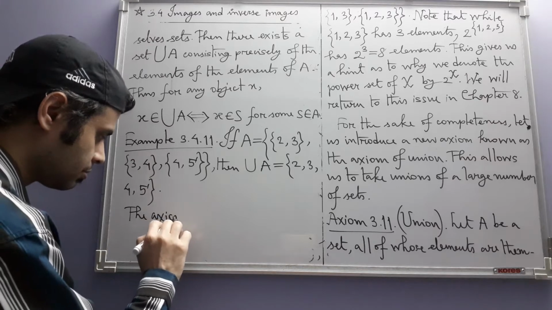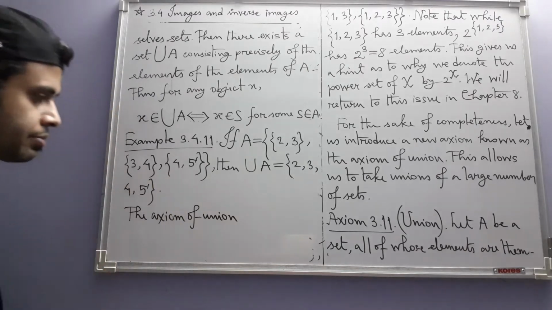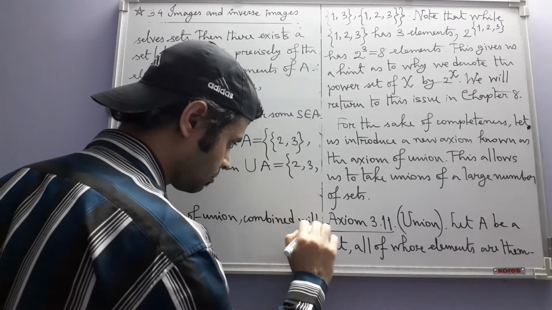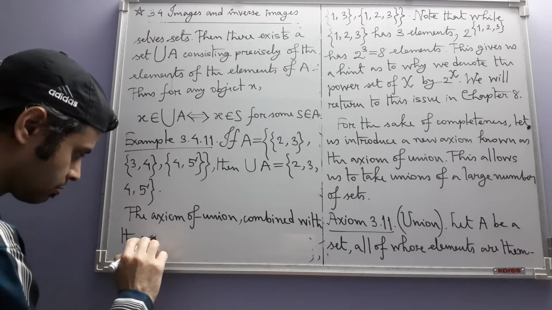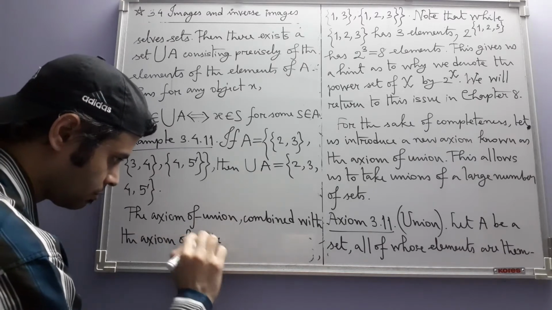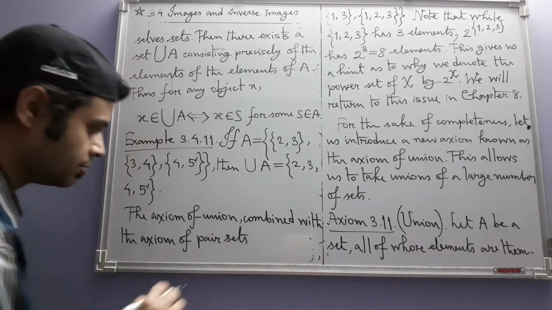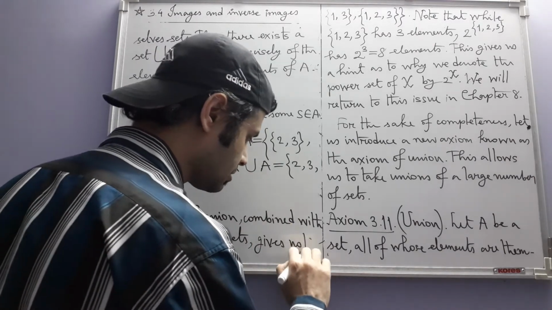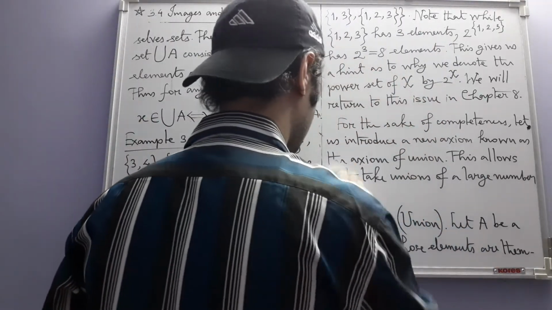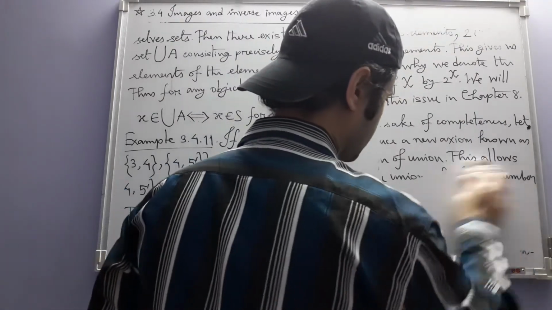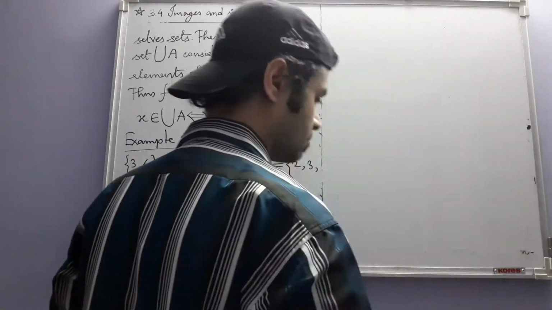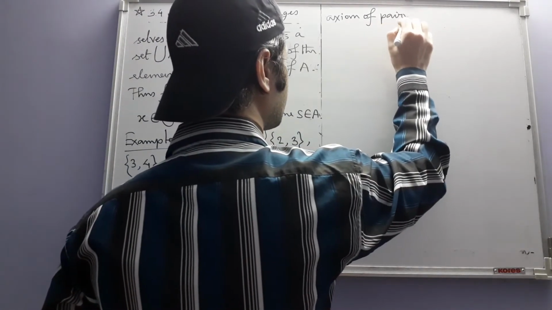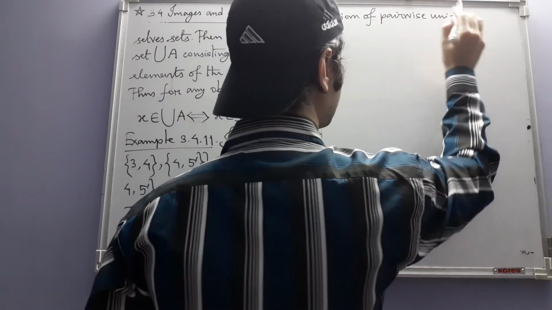The axiom of union, that means this axiom, combined with the axiom of pair sets, that one you remember, axiom of singleton sets and pair sets, gives us the axiom of pairwise union.